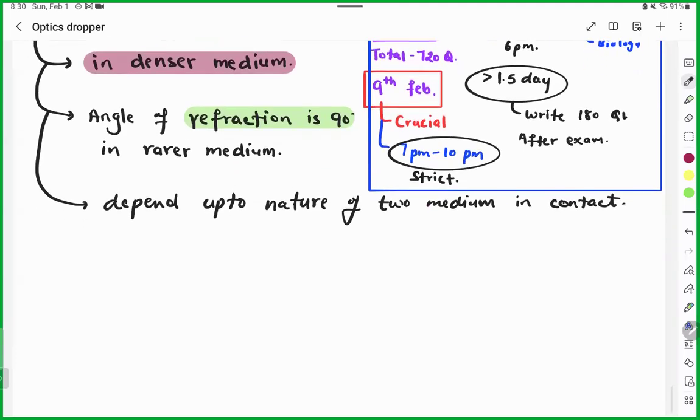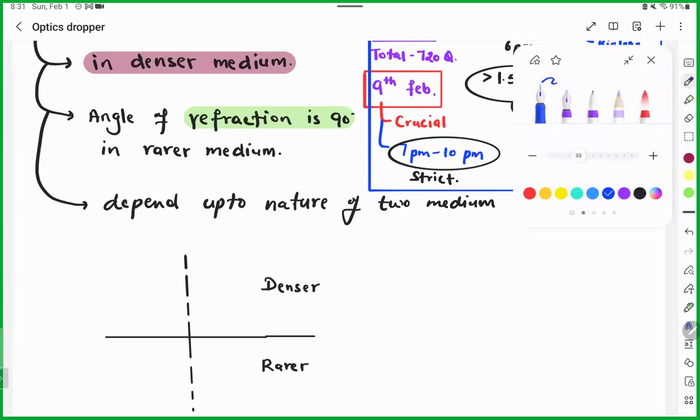What does it mean? Example, you have this interface line that connects two media. Here you have the denser medium. This is the rarer medium. Now you are taking the normal. This is the normal. To show the normal, we can use a dotted line.